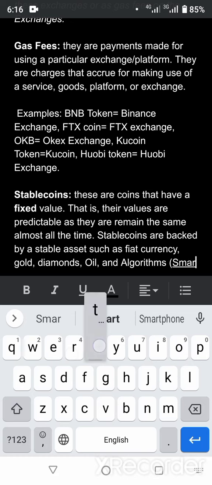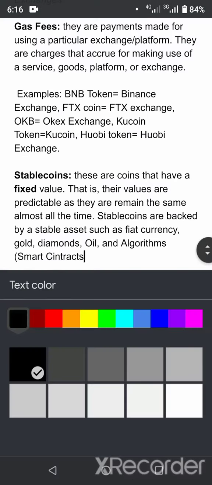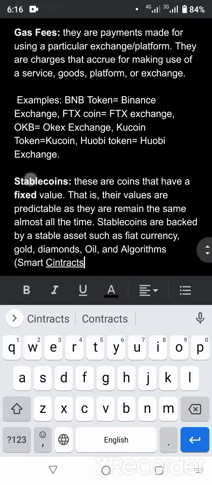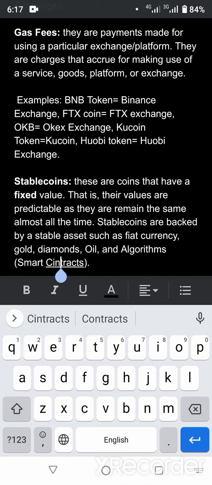Algorithms, which are smart contracts. Smart contracts, not synchronous contracts.